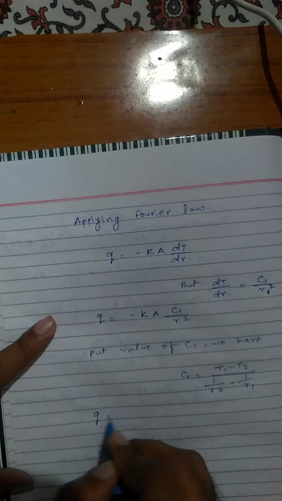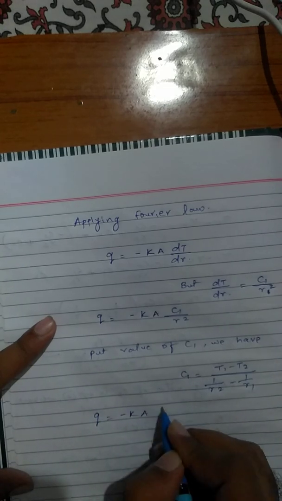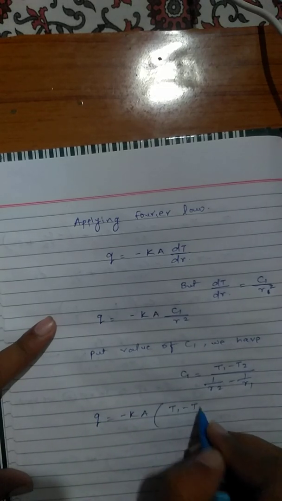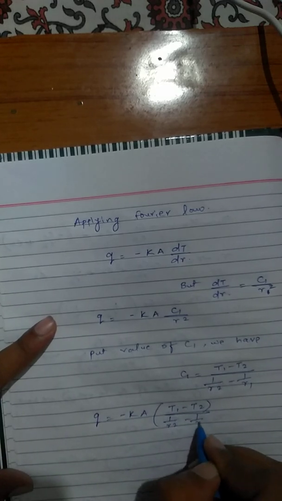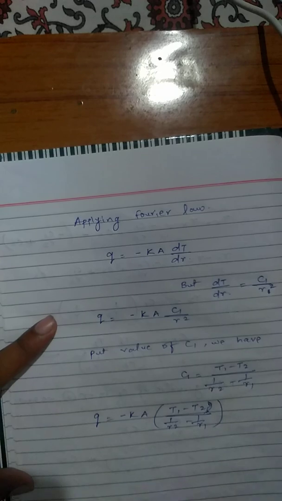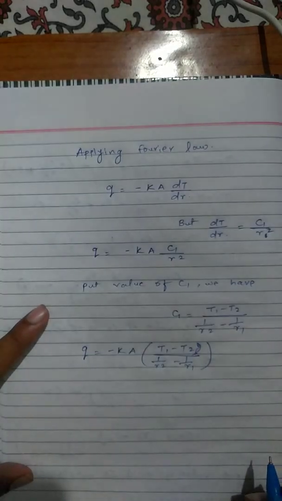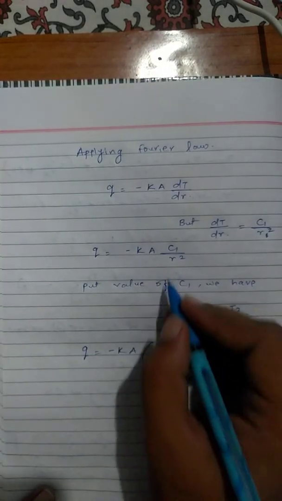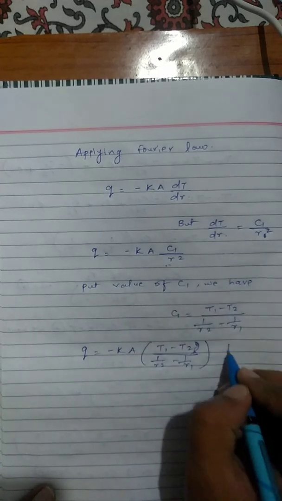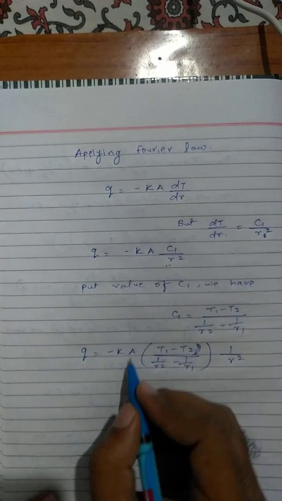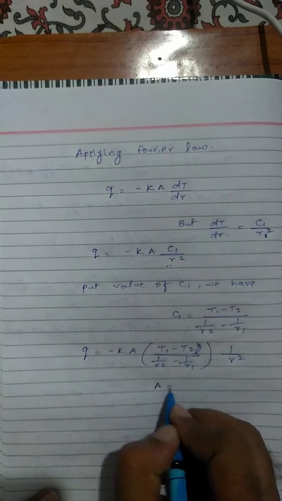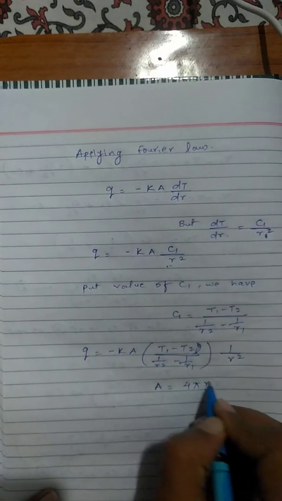So Q will be equal to KA, T1 minus T2 divided by 1 by R2 minus 1 by R1. Okay. Also 1 by R square. Now putting the value of A as 4 pi R square.